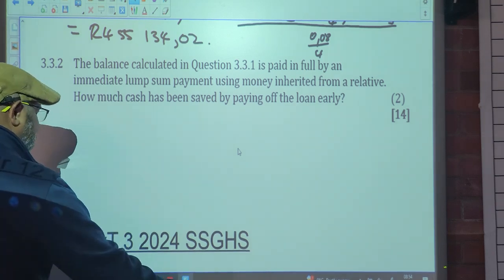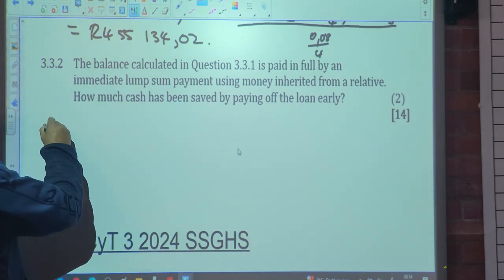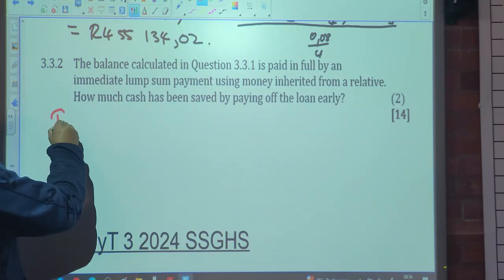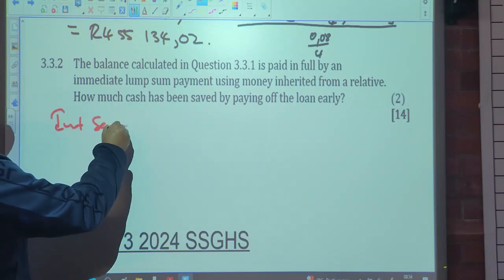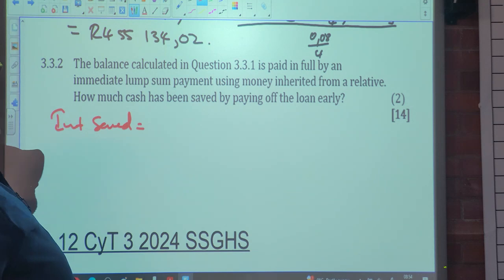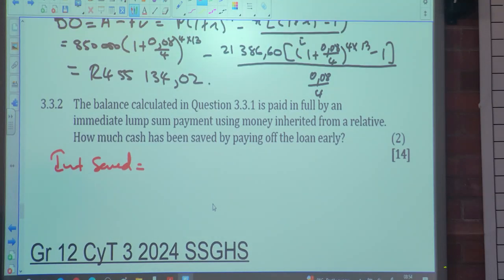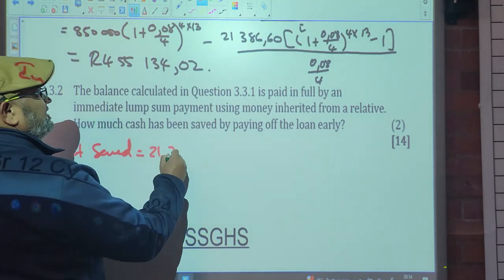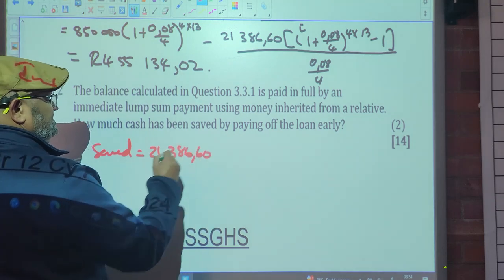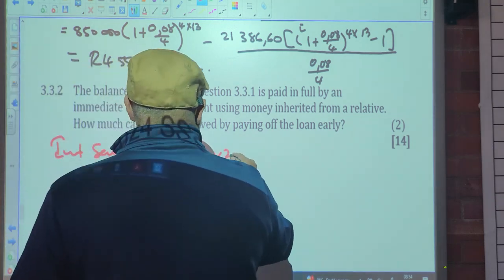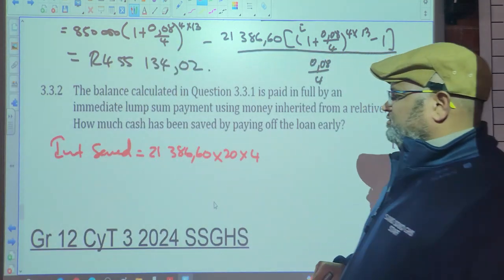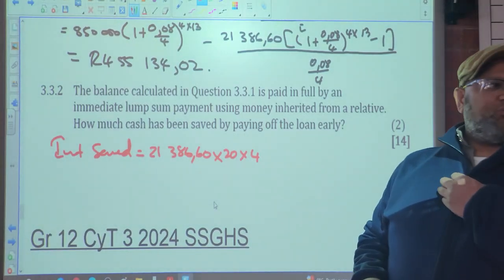So what happens is total saved, interest saved. This person would have been paying 21,386 rand and 60 cents for 20 years compounded quarterly, or quarterly payments.